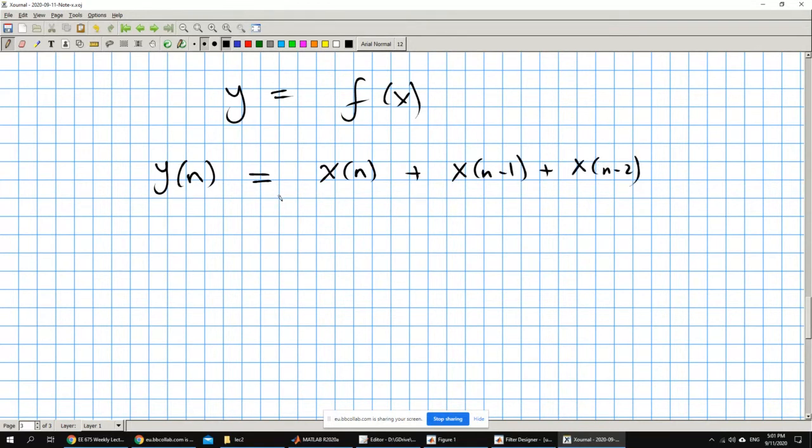The input is the X values, and the output is the Y values. Here I'm computing Y at n from X at n and the previous values of X. This is a simple example. This is one of the filters that you can see.